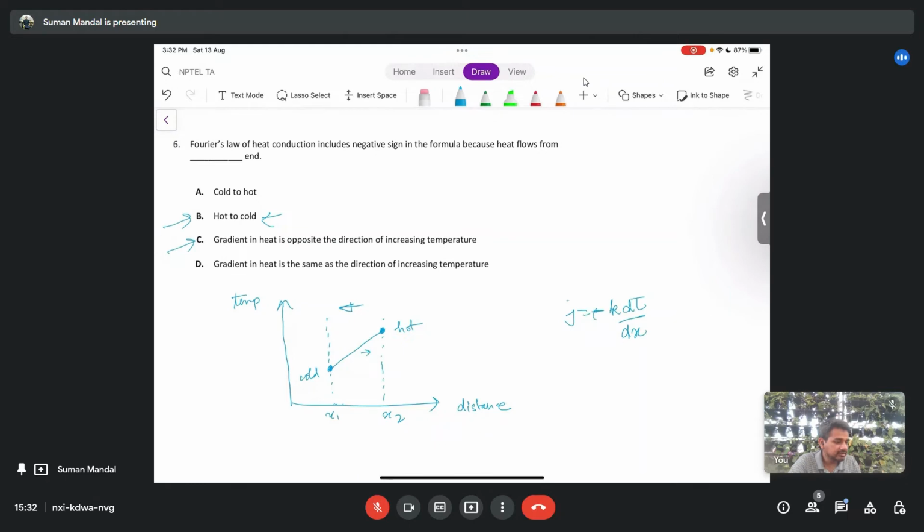But this negative sign corrects for that and changes this value to the opposite sign, to make both of these in the same direction, so that the direction of heat flow is correct. So that's why we have this negative sign, to show that the direction of heat is from the hot to the cold region, and also the gradient of heat is opposite to the direction of increasing temperature. Option C.